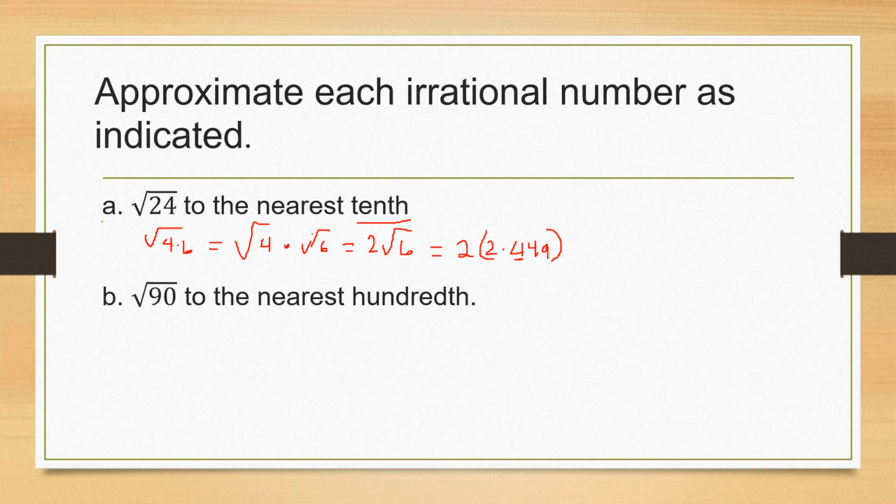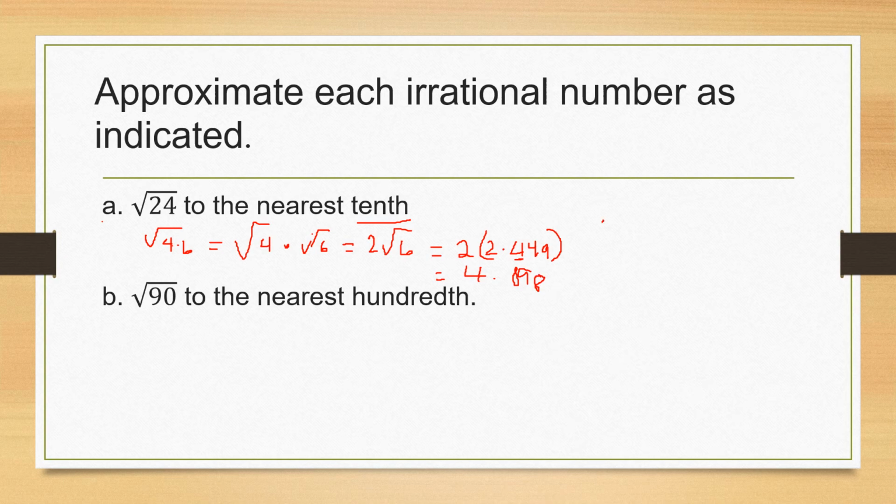So if we're going to approximate that, we have 4. Okay, so if we're going to multiply this, that will become 2 times 2.449. That is 4.898. Okay, so you can multiply using your calculator.